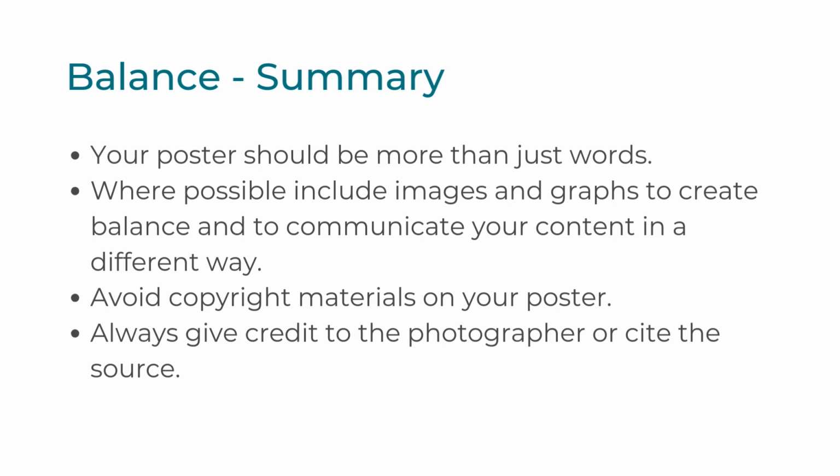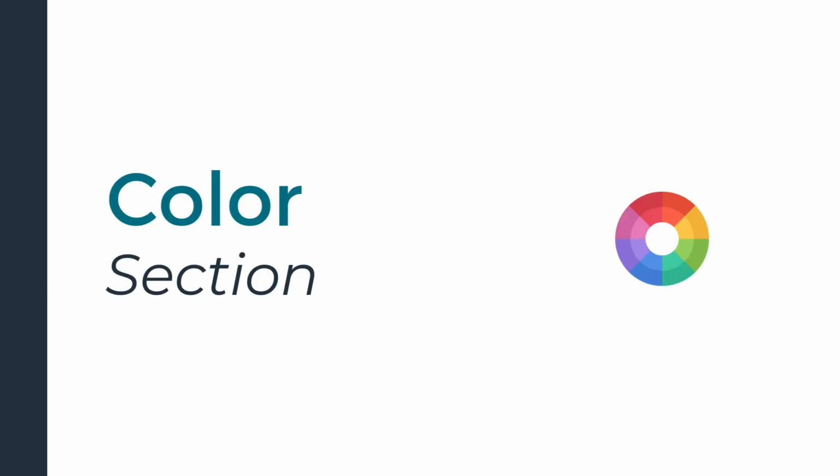Where possible, try to create images and put those images and items in to create that balance, and make sure that your poster is visually interesting. Avoid copyrighted materials on your poster, and always give credit to anything that you used that wasn't yours or you didn't design.